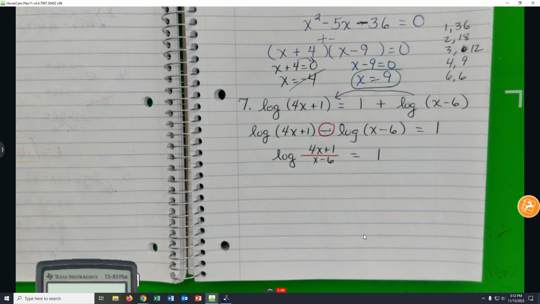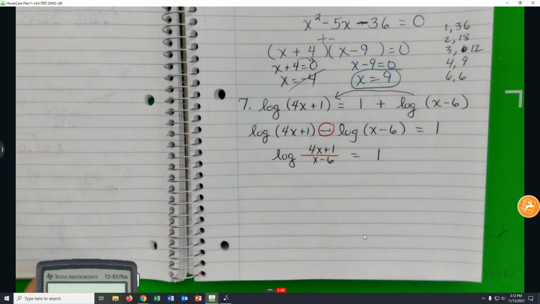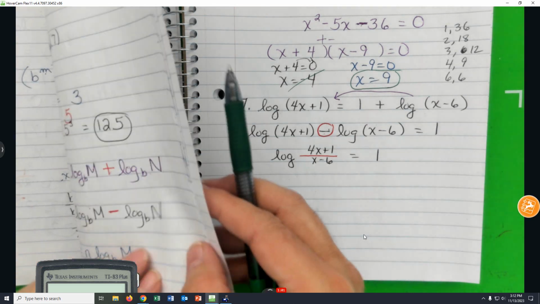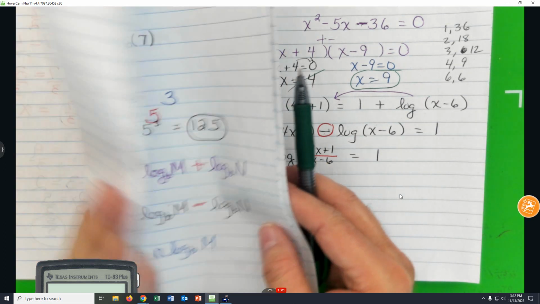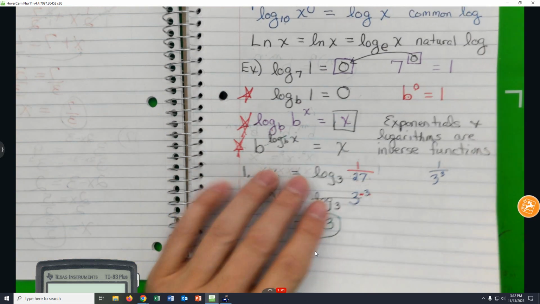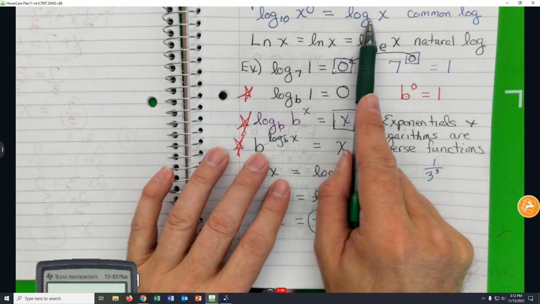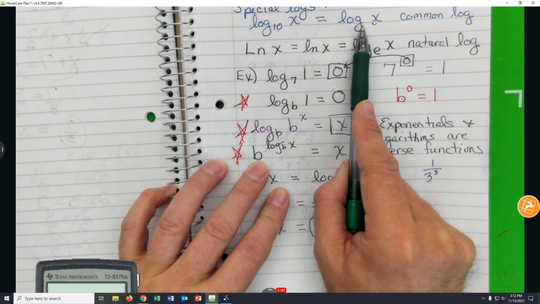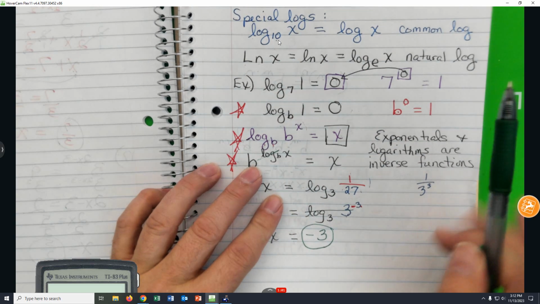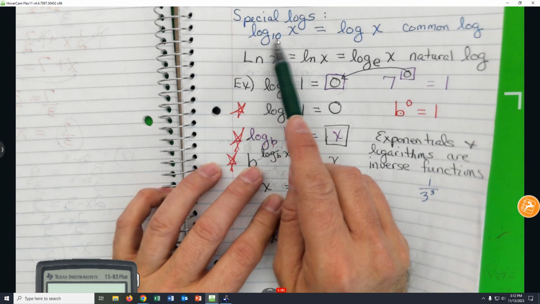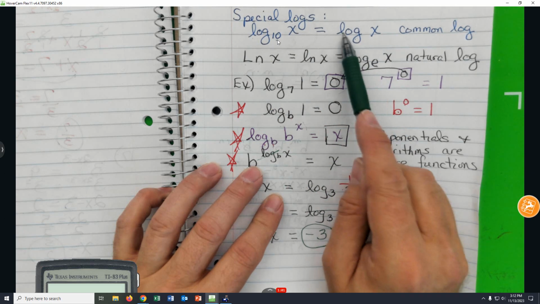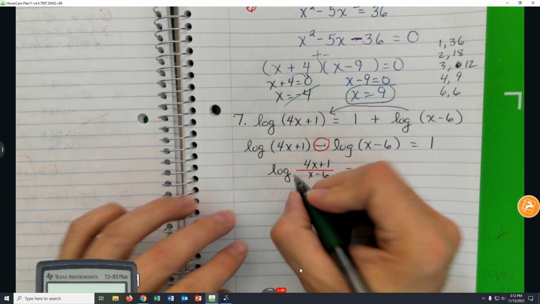Now, remember something called the common logarithm. If you just write log without a base, we assume it's base 10. Log base 10 can be referred to as log. It's called the common logarithm.